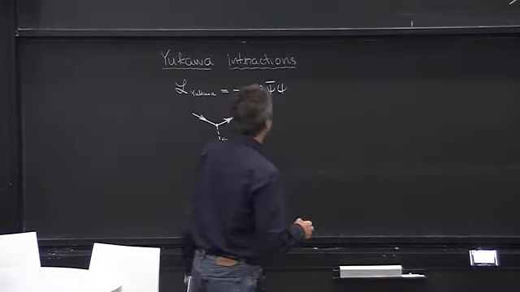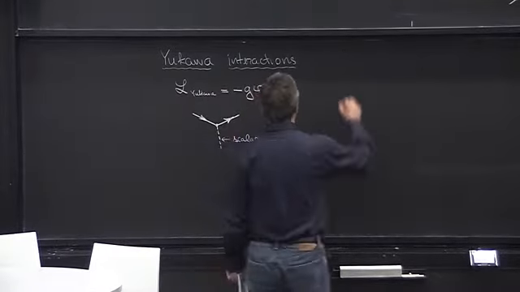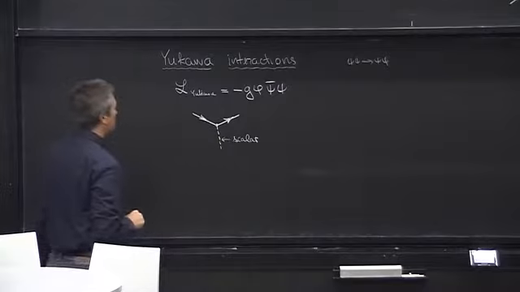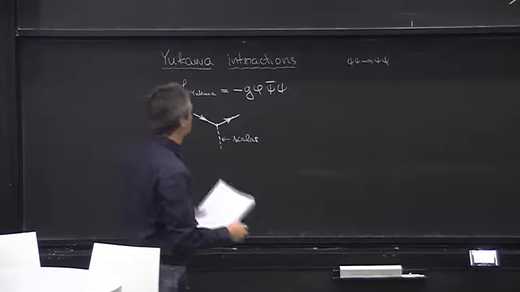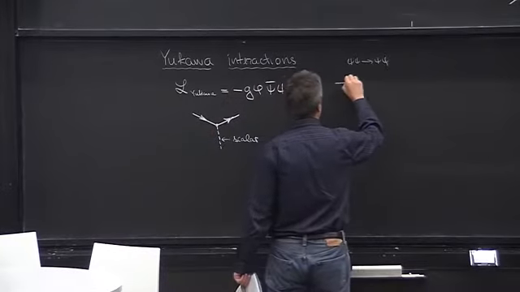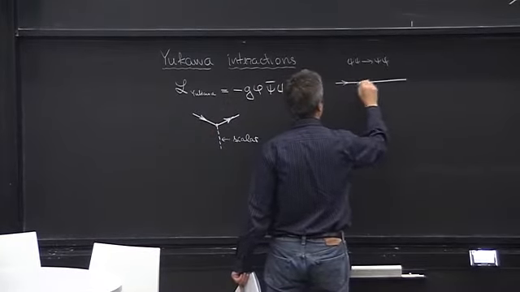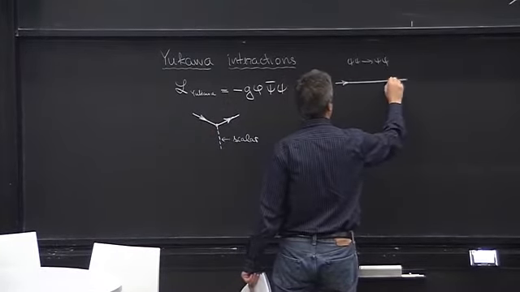So let's first study scattering of same charge particles. And so this will be described by two diagrams where the photon line is replaced by the scalar line, and this will be the only difference, right?